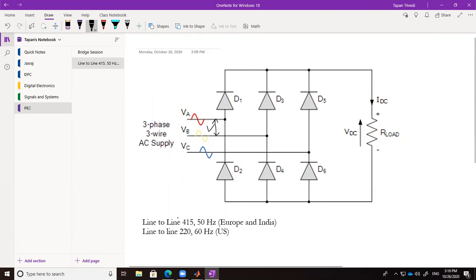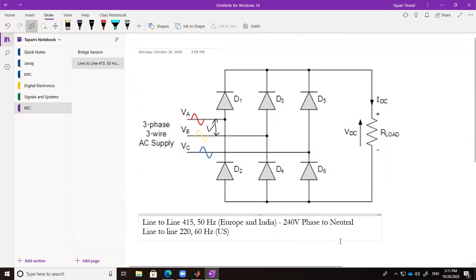Okay. So in India and certain European countries, you have 415 volt or 400 volt 50 hertz supply, three phase, and in US it is 220 volt 60 hertz, which means that it is 230 volt phase to neutral.